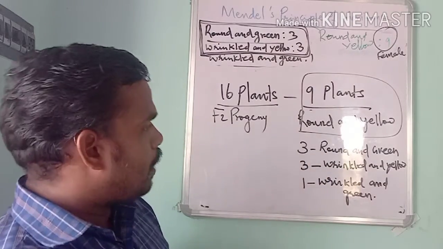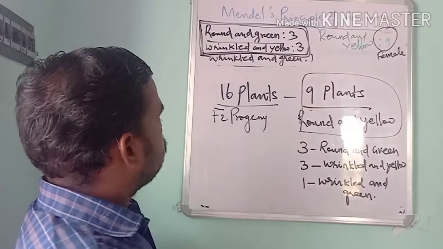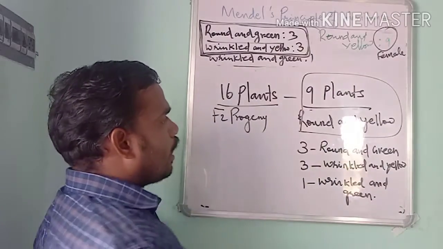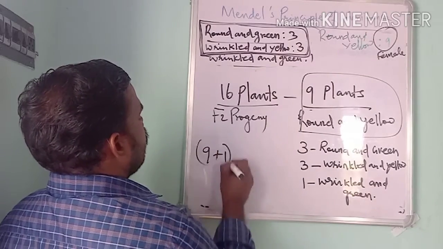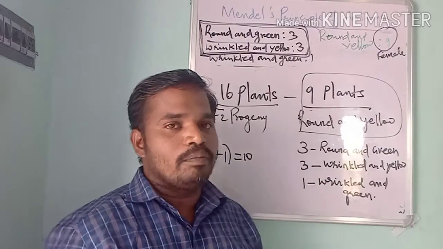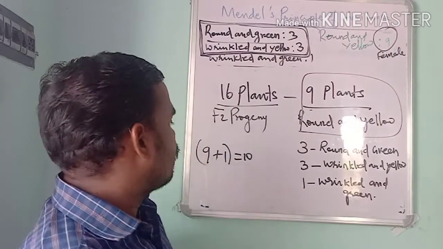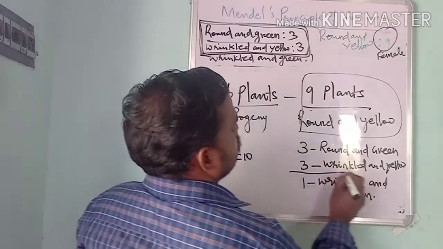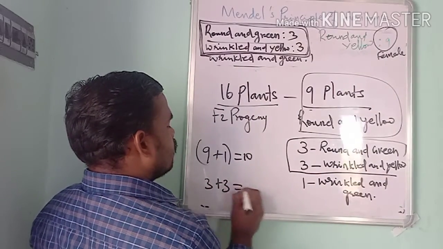Okay, so அப்ப நாம எடுத்த parent உடைய character எத்தனை plantsல இருக்கு? 9 plus 1. So 10 plantsல வந்து நாம எடுத்த parent உடைய trait characters அப்படியே resemble ஆயிருக்கு. ஆனா 3 plus 3, that is 6.